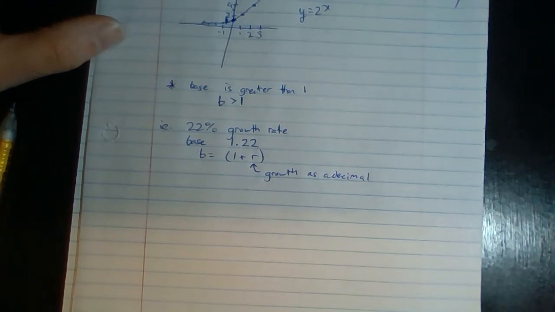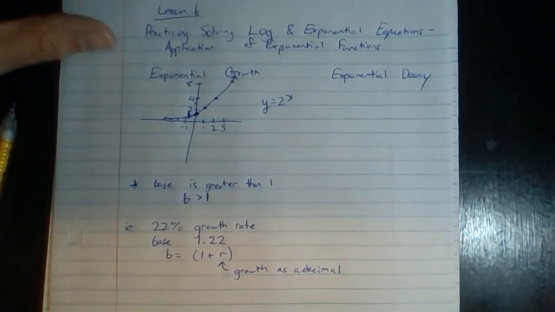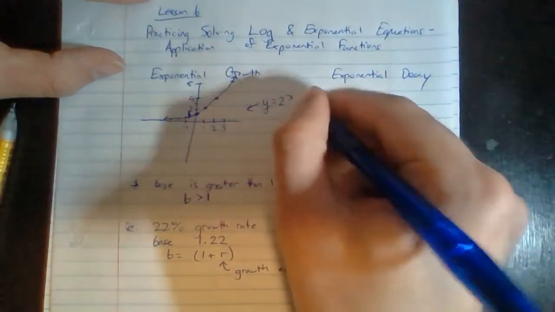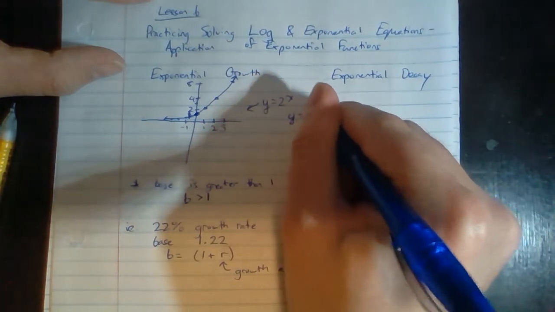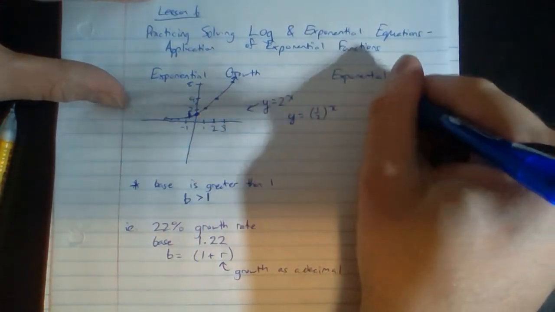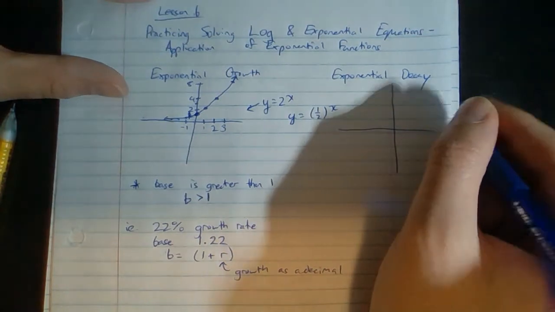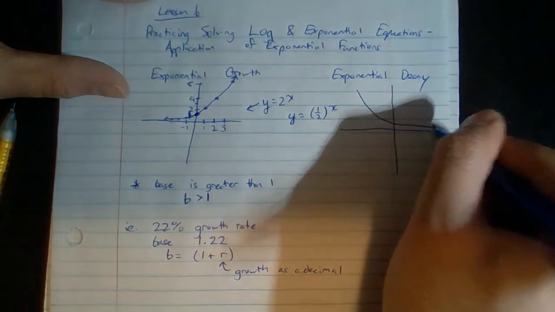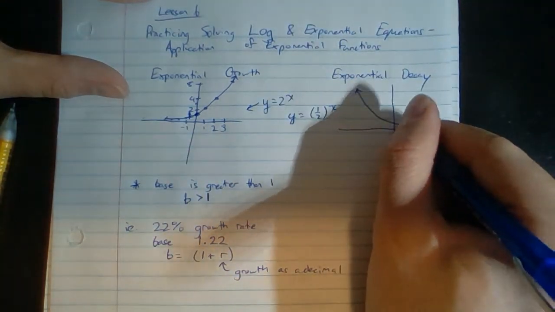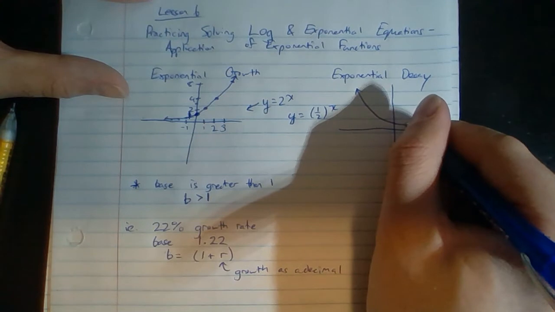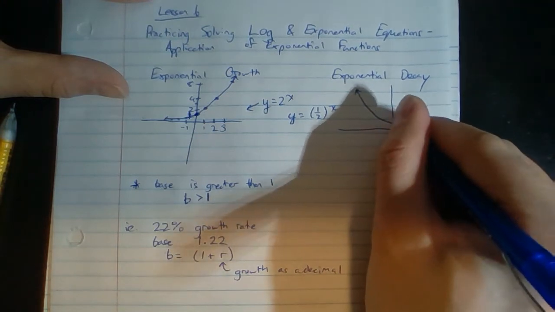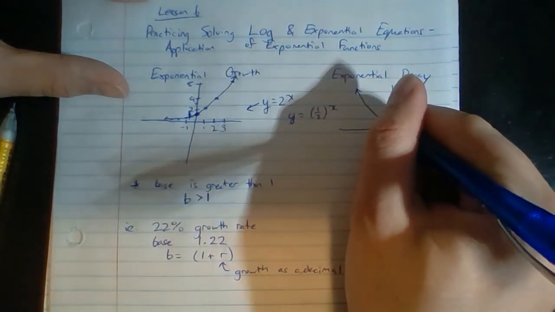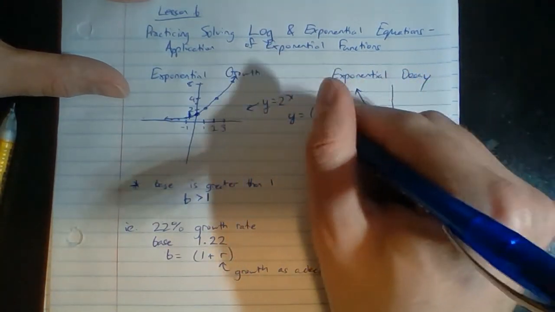Exponential decay looks the opposite. So for instance, if I do y equals 1/2 to the x, that's going to be basically flipped over our y-axis going this way. 1/2 to the 1 is 1/2. 1/2 to the 0 is 1. 1/2 to the negative 1 would be 2. 1/2 to the negative 2 would be 4.